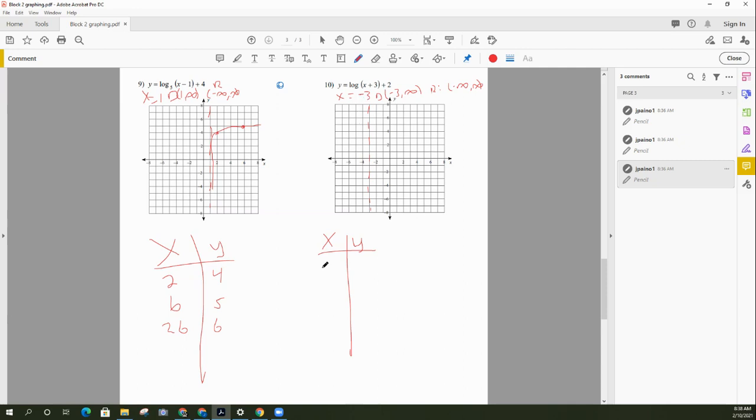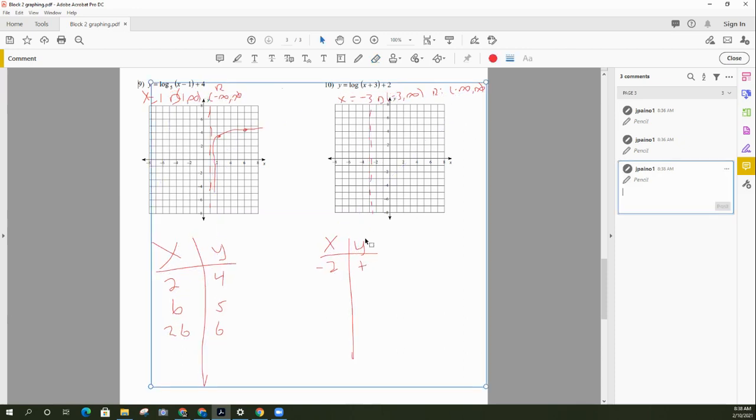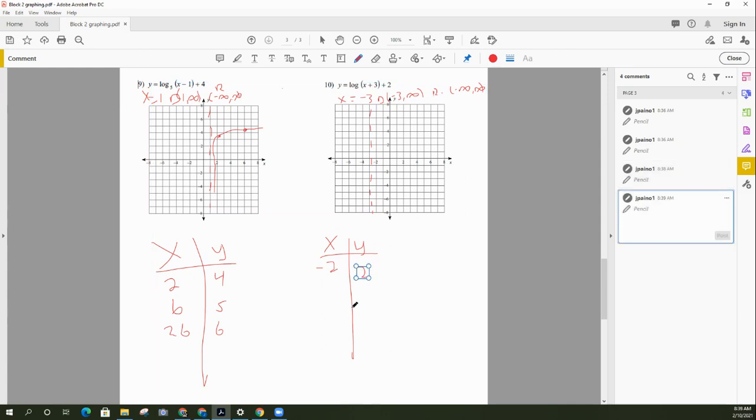So I'll be able to get a couple points to fit on the graph. So again, I'll start at -2, 1 more than h, right? And then it's always going to give me the k, so just 2 will work. Oops, I hit the wrong thing there. And then 10 to the first is 10. 10 plus -3 is 7.